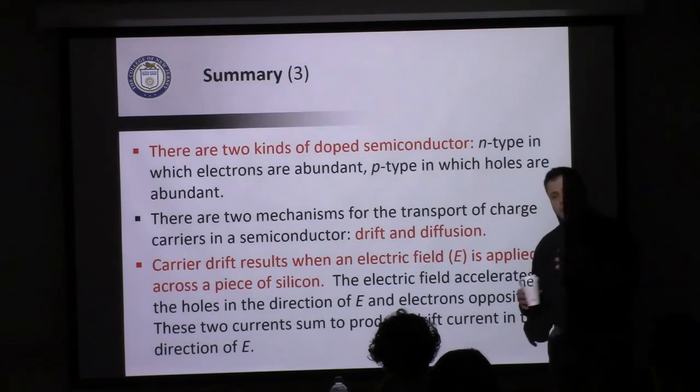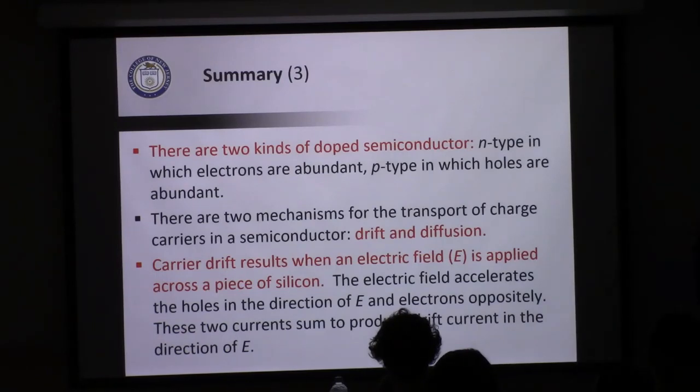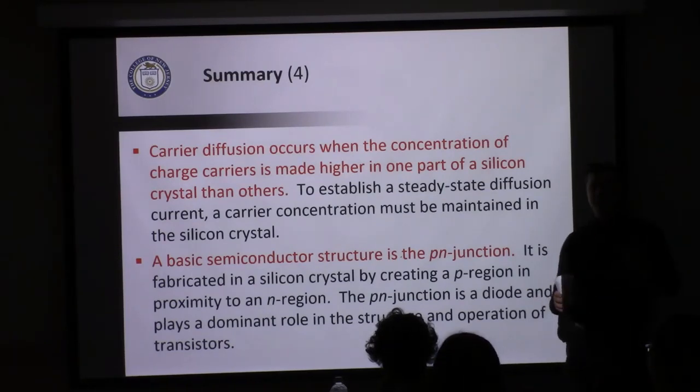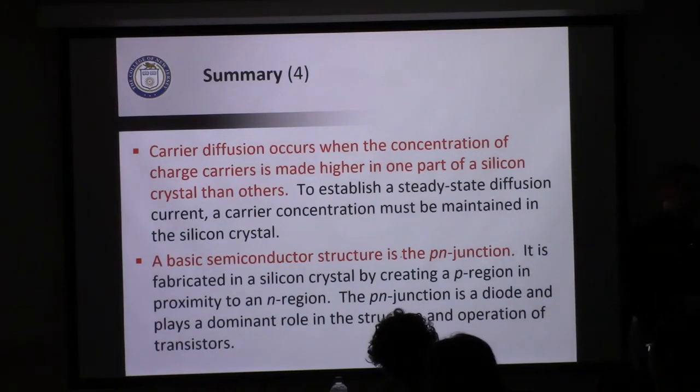The more impurity that we place, the more we dope the silicon, the more conductivity or potential conductivity we'll have. We talked about two different types of current: diffusion and drift current. Drift current is associated with an applied electric field. Diffusion current is associated with a concentration gradient where we're trying to even out the concentration.